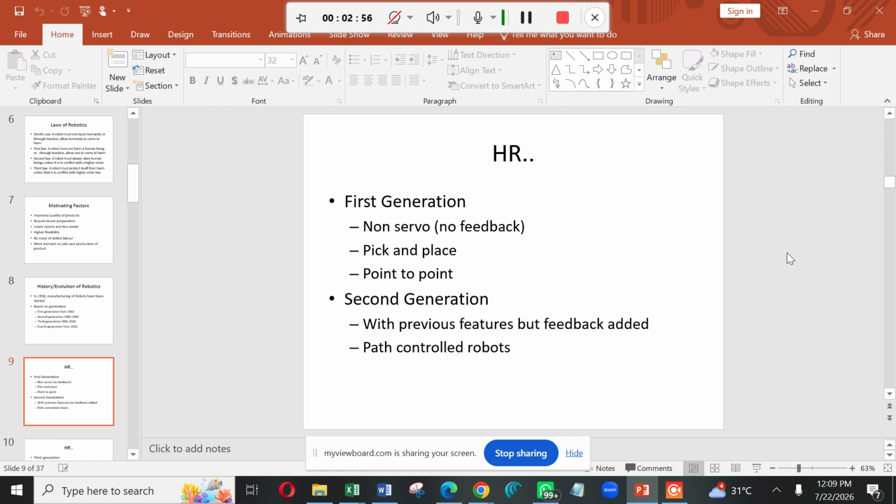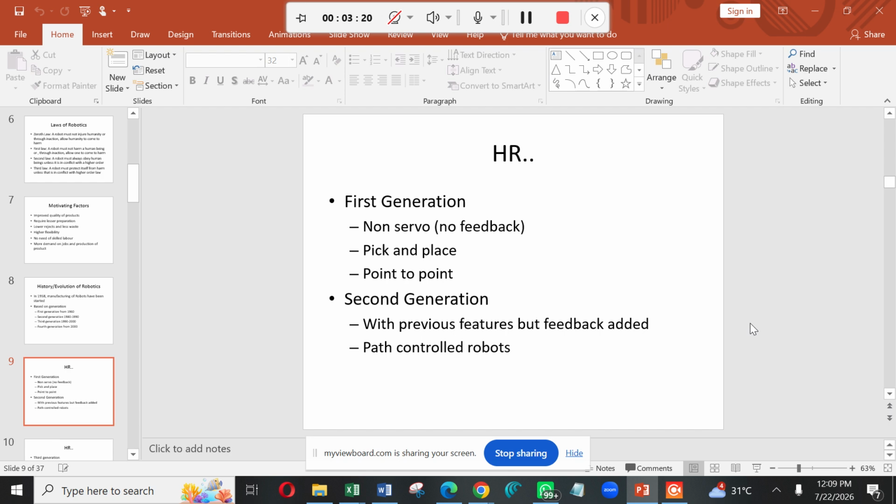Then let us see about the second generation. What are they talking about in the second generation? The previous features will be there. What are the previous features? Pick and place, point to point. In addition to that, what did we get? We got feedback also.